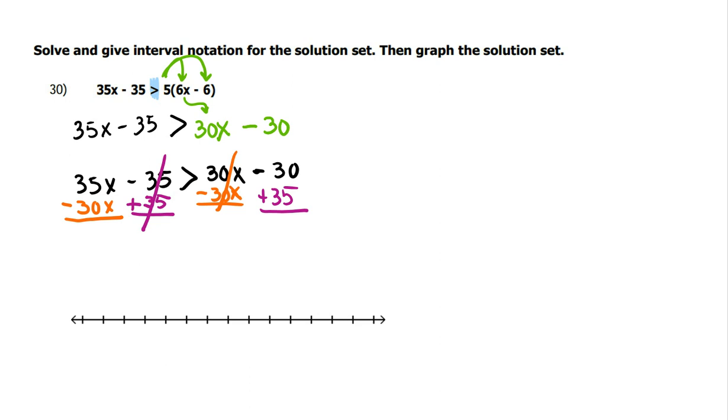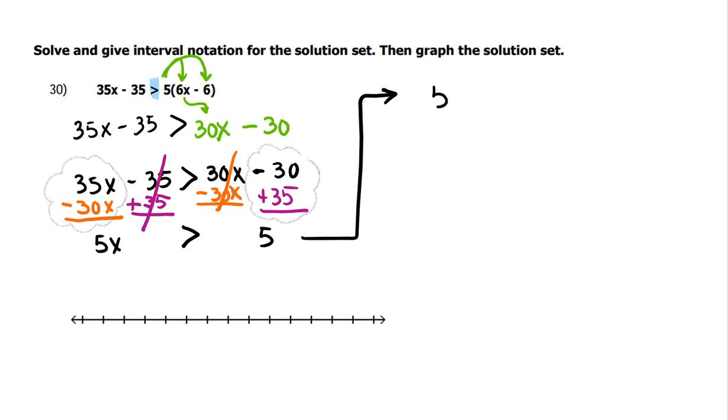So when I do this calculation here, I'm going to get 5x is greater than, and then I'll come over here and do this calculation, and negative 30 plus 35 is 5. So at this point I have 5x is greater than 5.